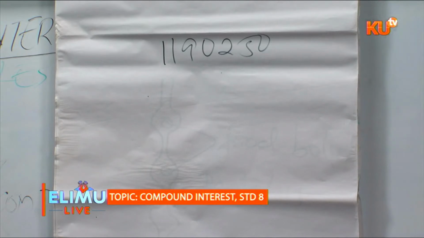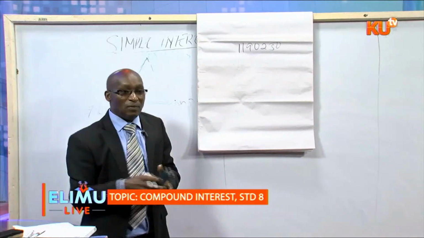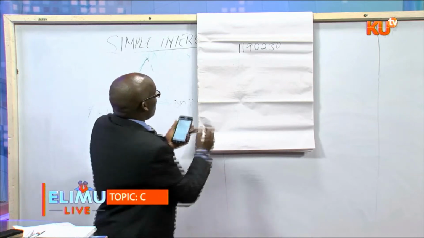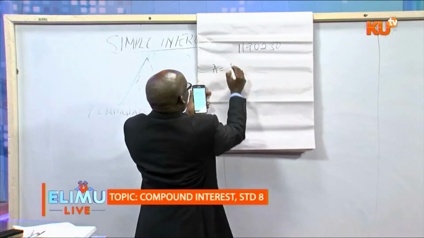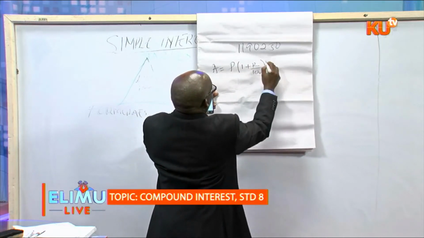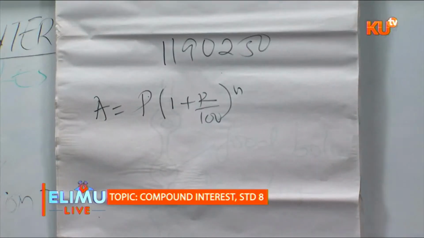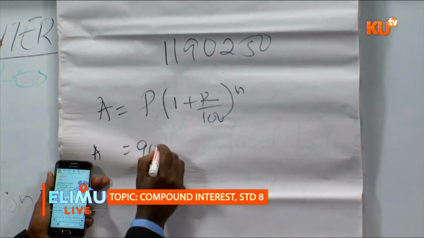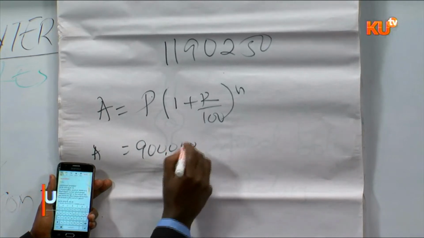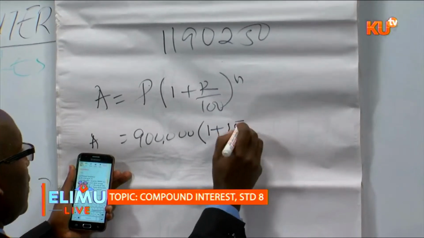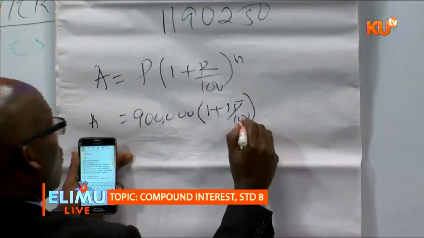Now, the same question can also be answered using the formula: amount is equal to principal into brackets 1 plus R over 100, to the power of n. The amount is not given, the principal is 900,000, and the rate is 15%, to the power of n.